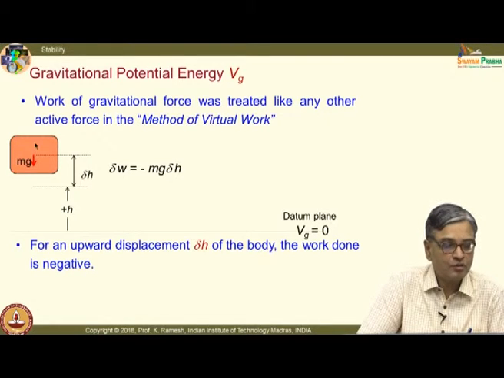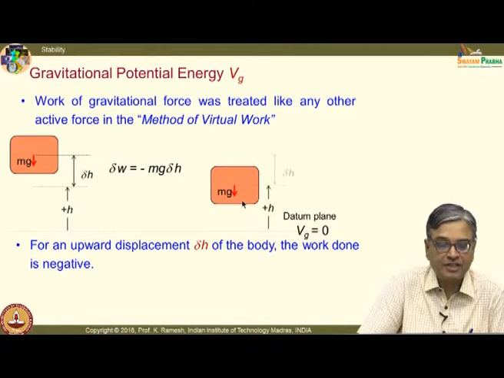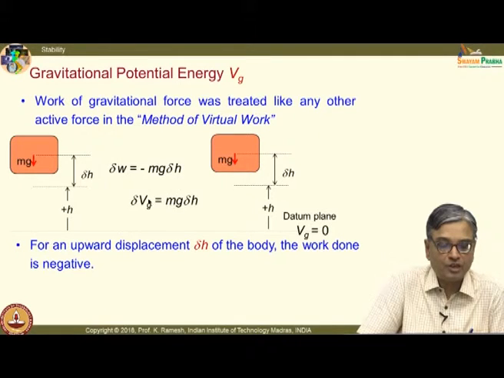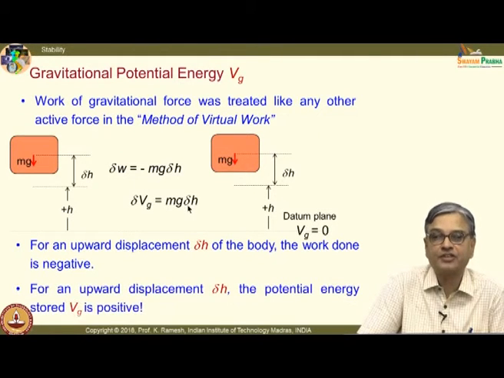But I can also see, when I have this as a datum where the potential energy due to gravitation is 0, I would recognize this displacement of delta h as delta Vg equal to mg delta h.